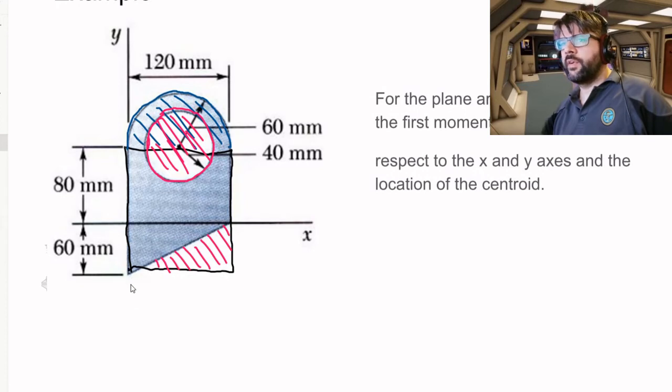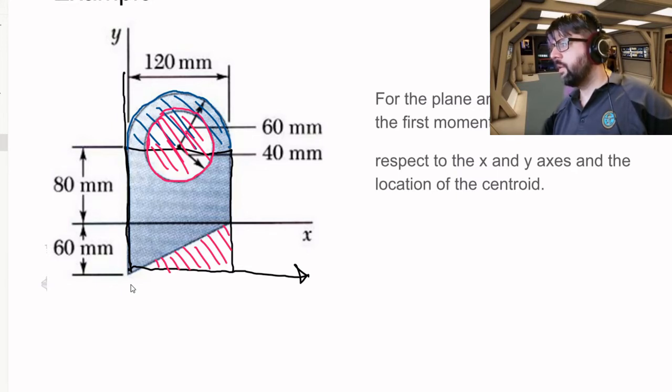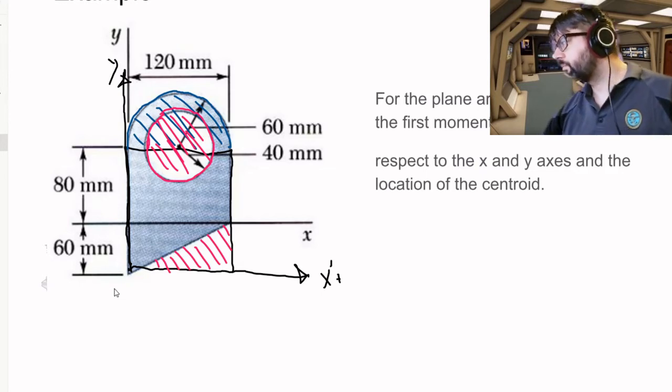I'm going to define our origin here, at the very bottom left corner. I'm going to call that X prime plus to indicate that I shifted it.